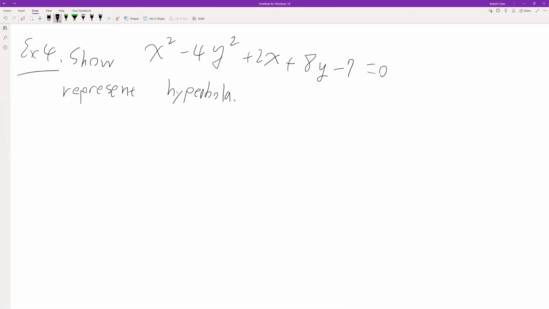They will give you an equation and ask you to check what type of conic section it represents. The idea is we want to complete the square on this, and then see which standard form your resulting equation falls into. All right, let's go ahead and do that.